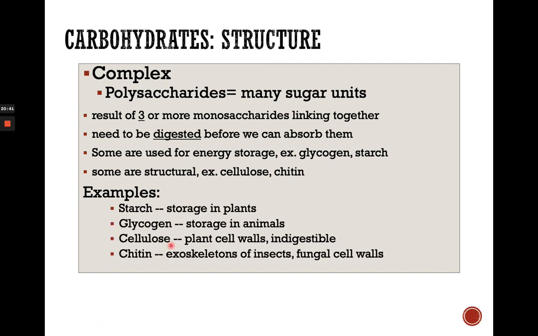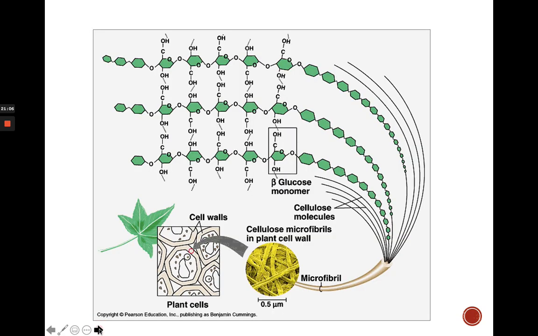So some examples of these, again, starch is in plants, glycogen is storage in animals, cellulose is in plant cell walls. Okay, so again, trees are a plant as well. And then chitin, right, that's how you pronounce it, chitin, is in smaller microscopic things. So insects, fungi, bacteria sometimes.